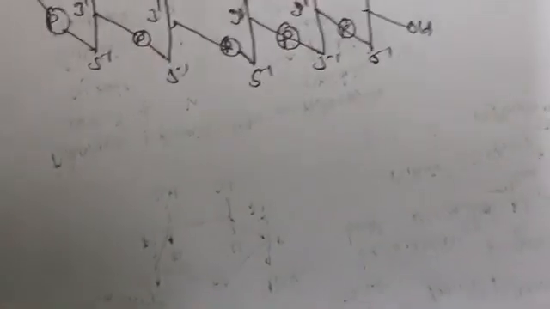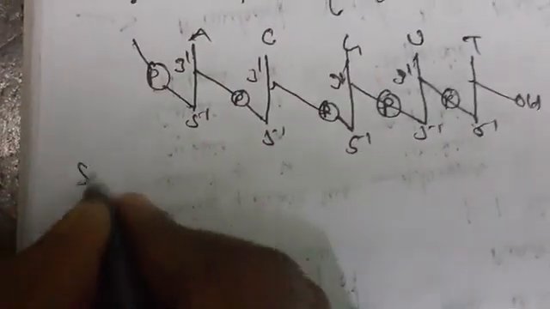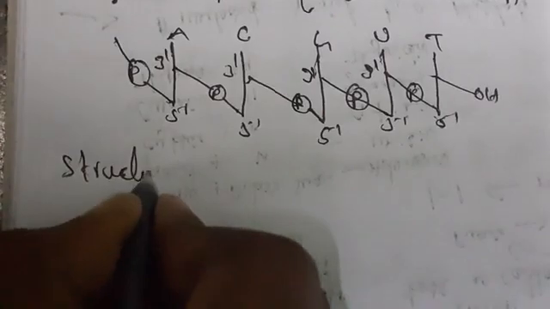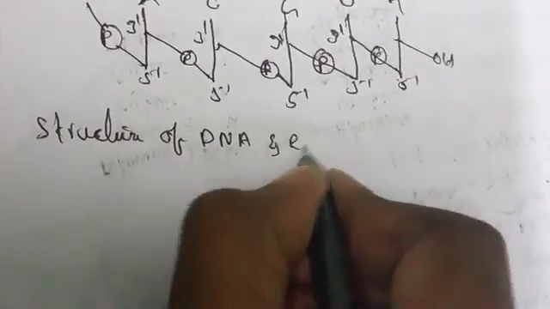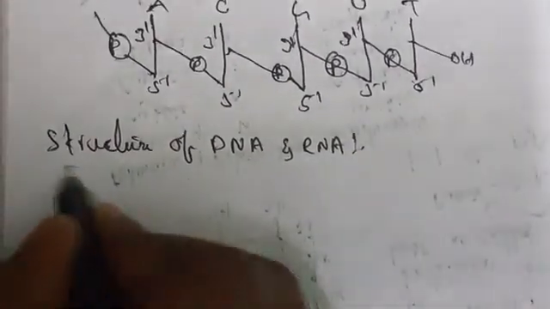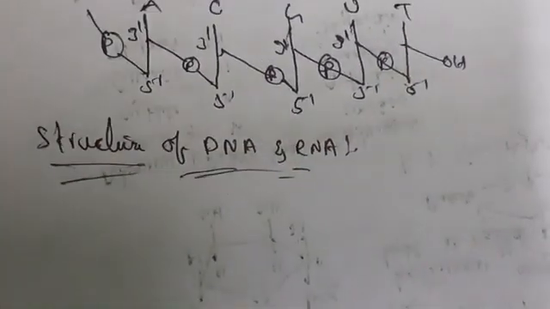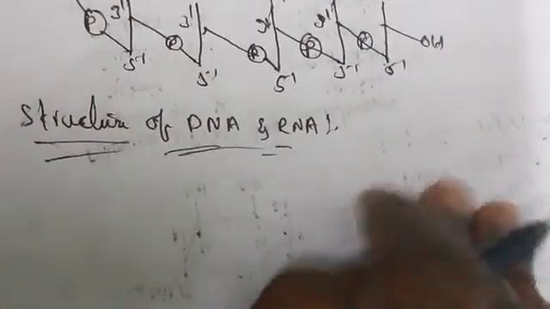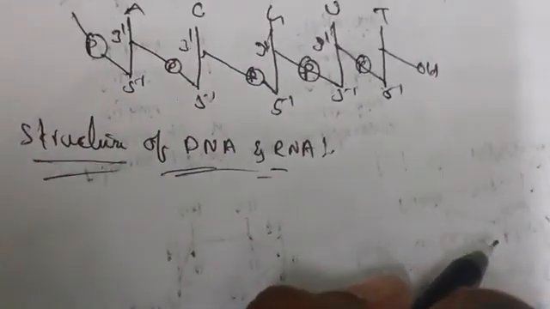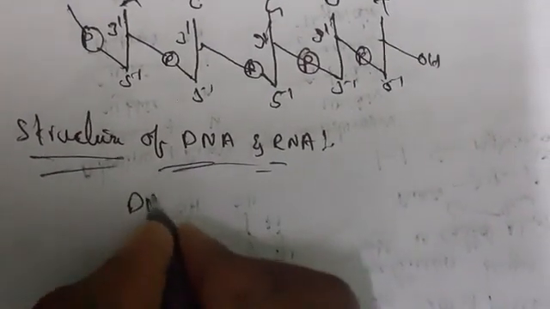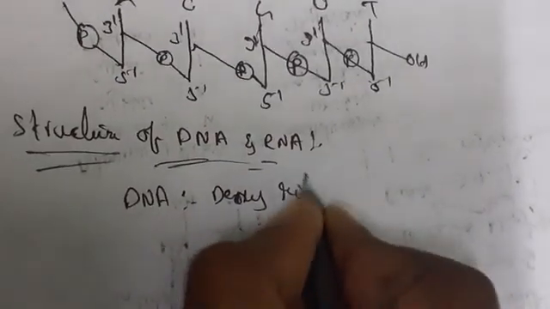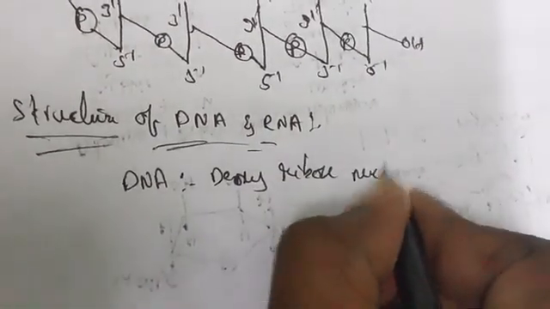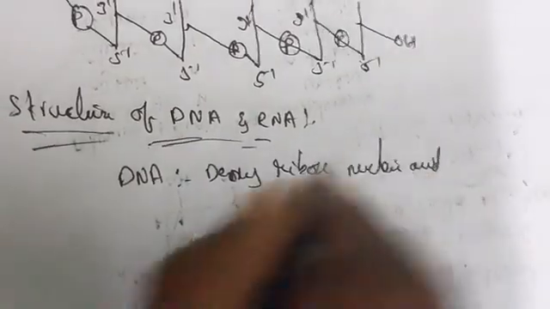Now let us see the structure of DNA and RNA. First of all, DNA is deoxyribonucleic acid.